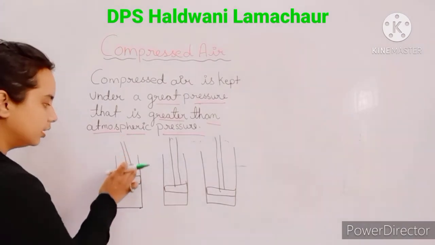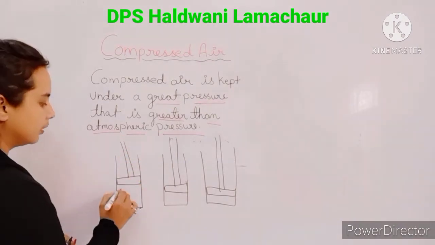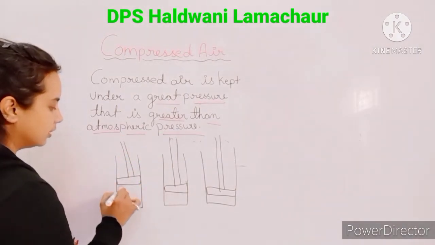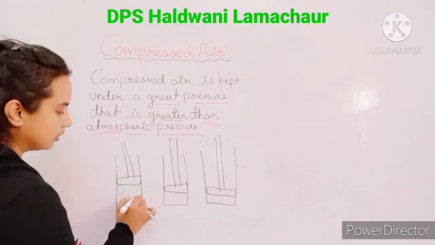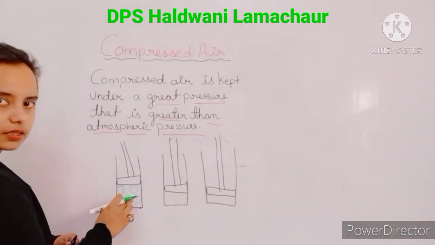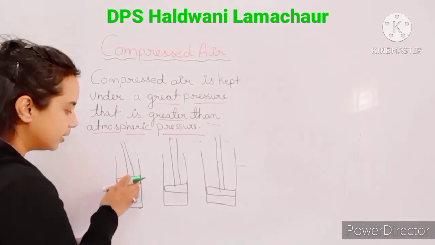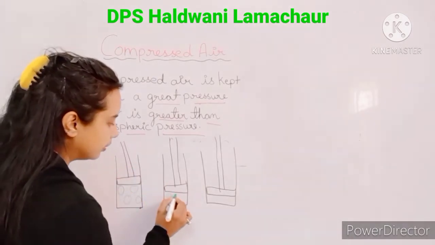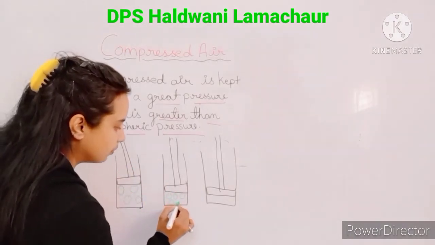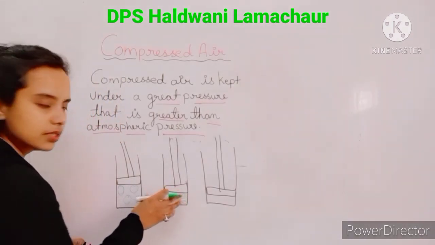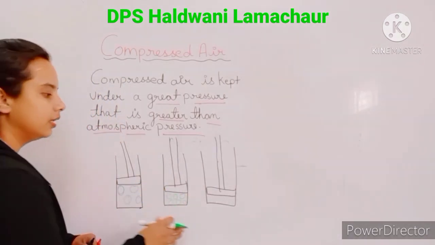As the compressor comes down, see, the molecules of the gases are here like this, so intermolecular spaces are there, and when we compress it, the intermolecular spaces between these molecules of the gases become lesser.